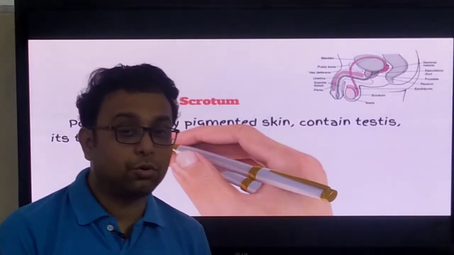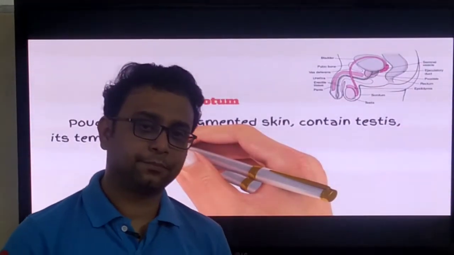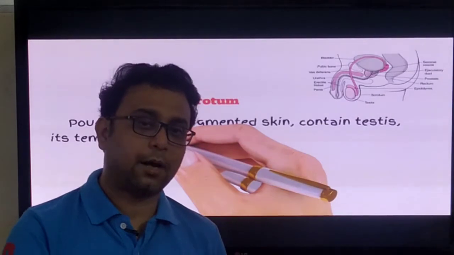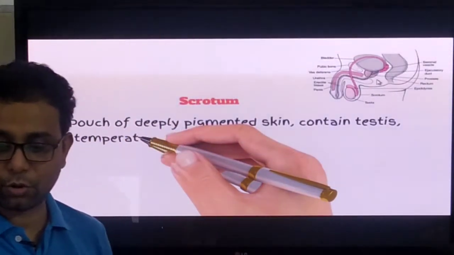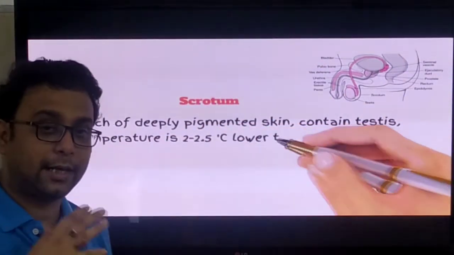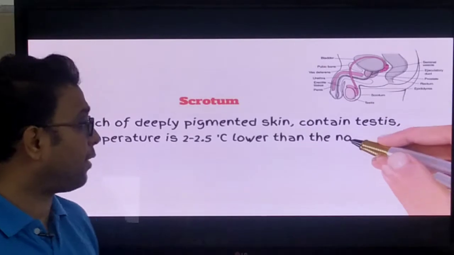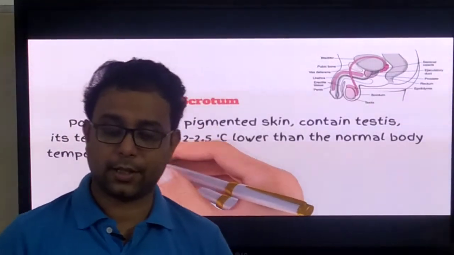So to get this 35 degrees Celsius, our testes are present in a pouch-like structure that is called the scrotum, right? The temperature in the scrotum is 2 to 2.5 degrees Celsius lower than our body temperature.